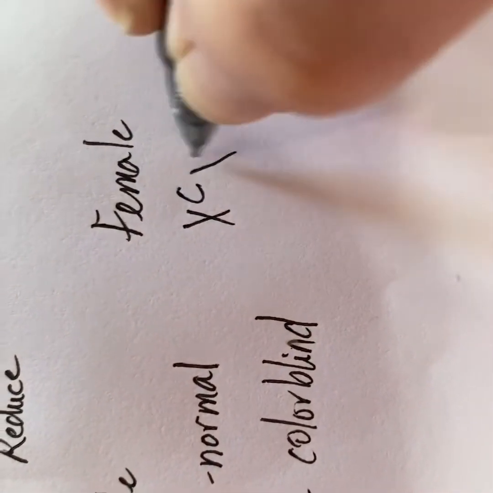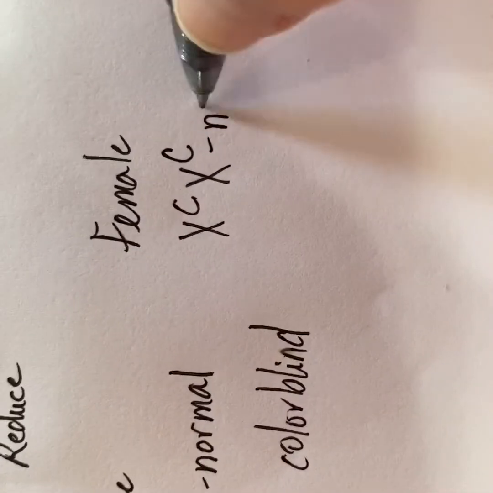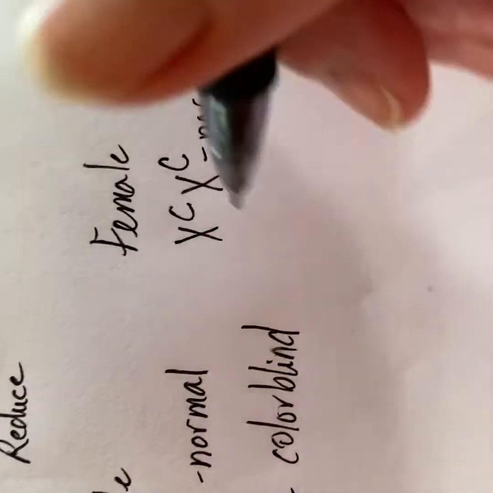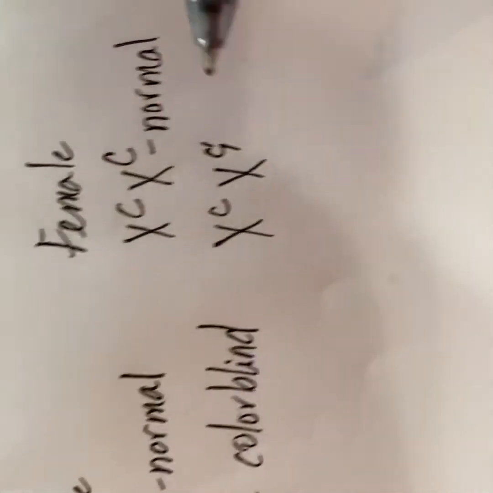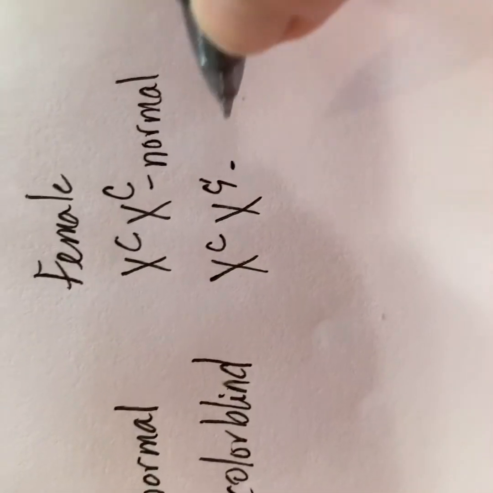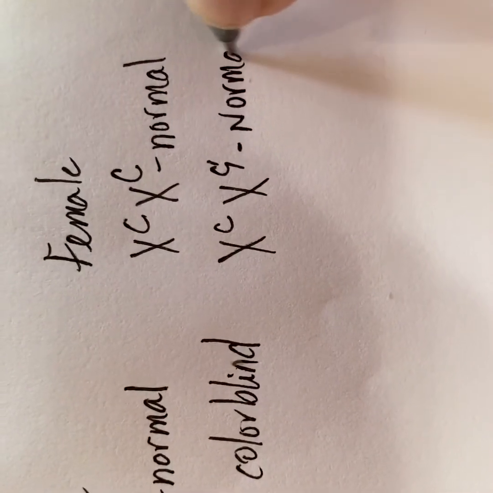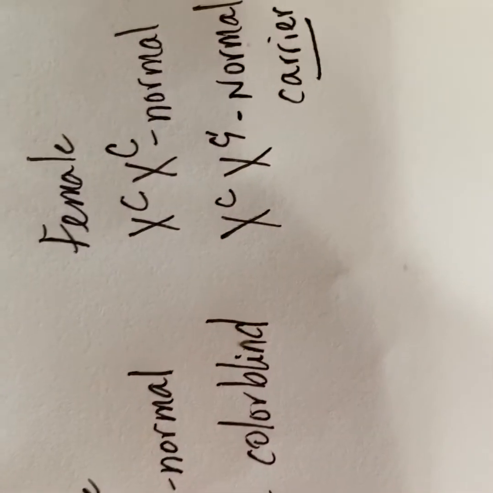You could be X big C, and so you're normal, not colorblind. You could be XC, XC with a tail. That's your gene for colorblindness. So you're still normal, but you are what we call a carrier.